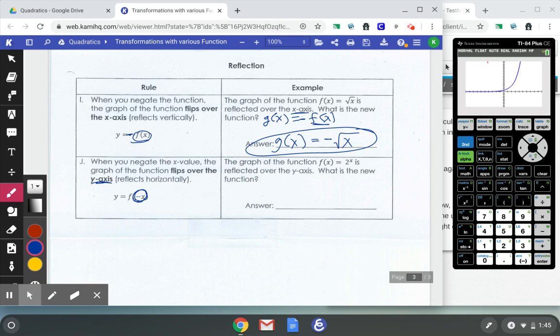So notice how when I made the x negative, it flipped over the y-axis. If I make the whole equation, if I multiply the whole equation by a negative, notice how it flips it over the x-axis. See the difference, okay?